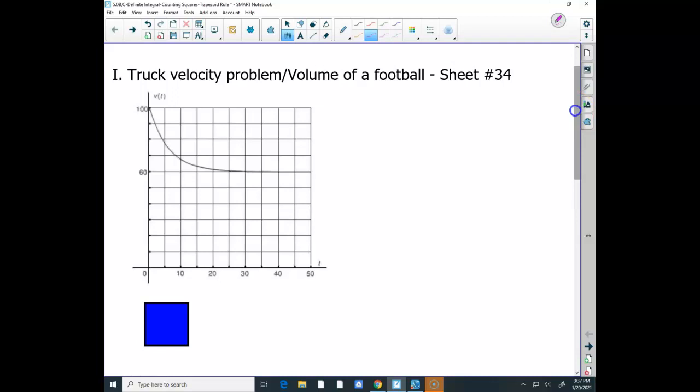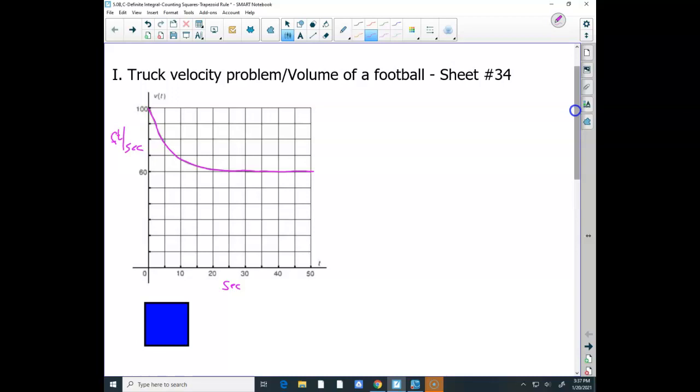I accelerated to 100, I let off the accelerator, and my velocity curve slows down until I come down to a certain point, and then I'm constantly going at my moderate 60 feet per second. Think about it. How is velocity rated? Because my velocity is my y-axis, this is going to be feet per second, and my x-axis is going to be in seconds.